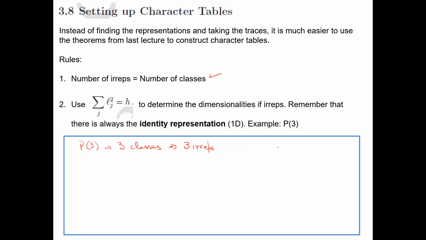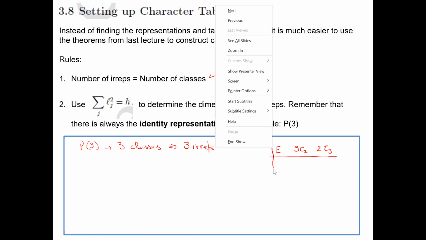The 3 classes are the identity, which is in a class by itself, the 3 C2 operations, the pi rotations, and 2 C3 operations, which are the plus or minus 2 pi over 3 rotations over the main symmetry axis of the triangle. Okay, so these are the three classes.